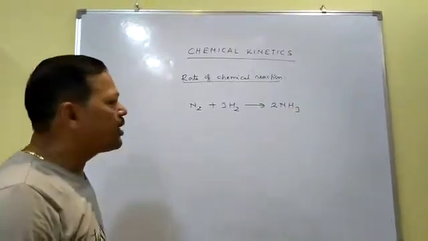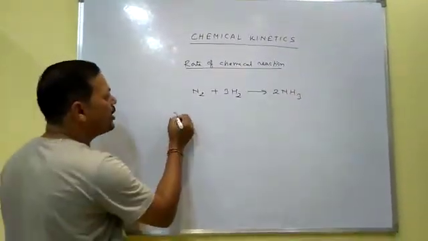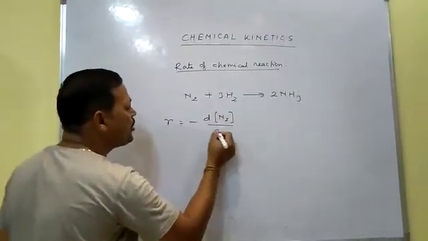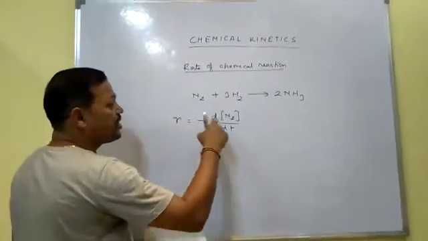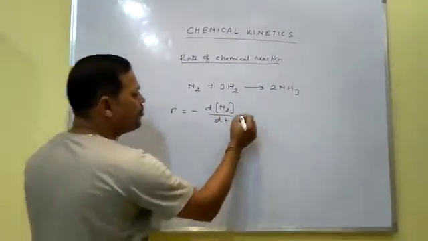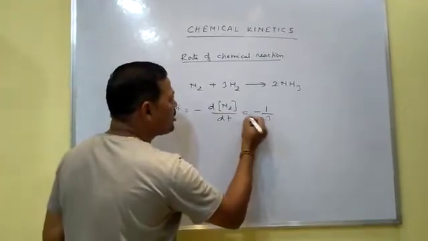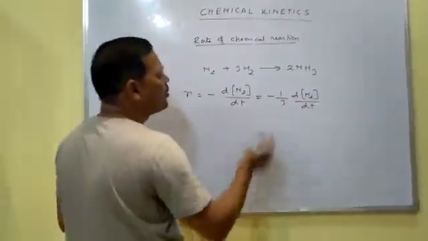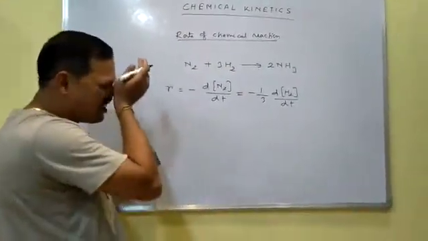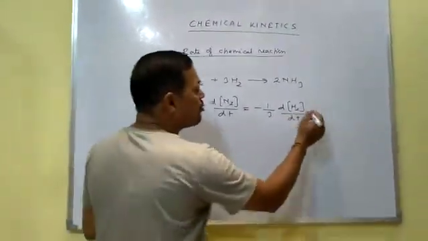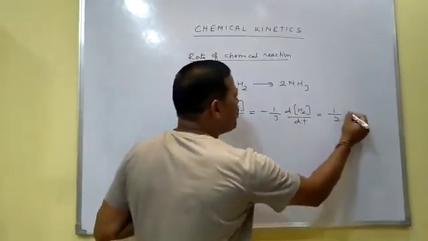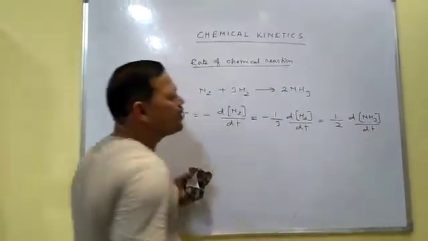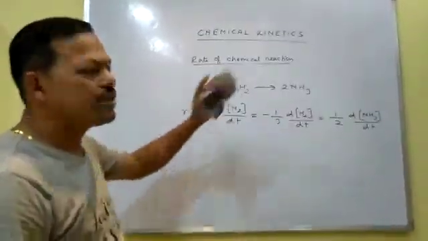If you want to express the rate for this reaction, then you can write R is equal to minus d concentration of N2 by dt, I mean decrease in concentration of nitrogen with respect to time, or you can write minus 1 by 3 dH2 by dt, coefficient is 3, that's why 1 by 3, I mean decrease in concentration of hydrogen with respect to time. This is equal to half of d NH3 by dt. Like this way you can express the rate for this reaction.